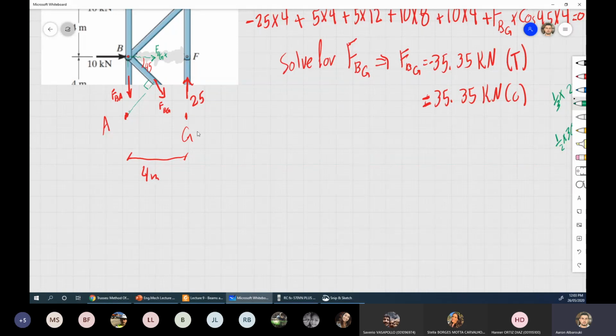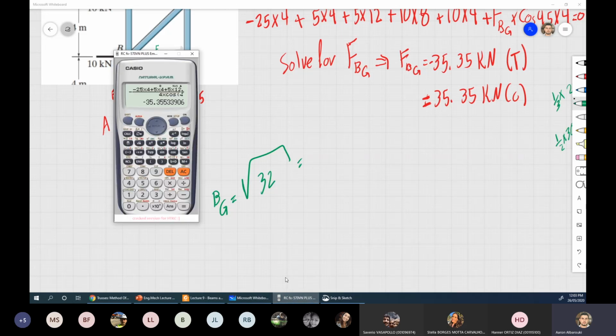So if I calculate BG equals, what do we have here? 4 squared, that will be 16, plus 16, that will be 32, so the square root of 32.